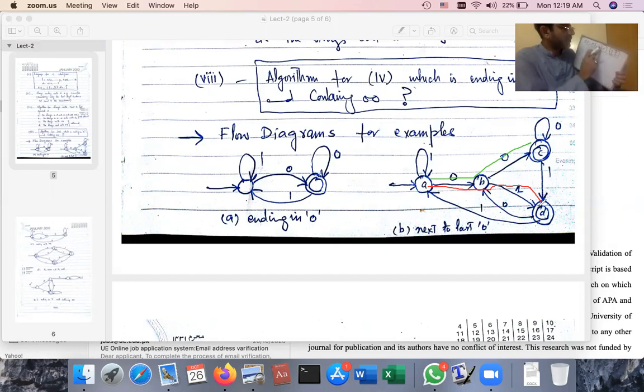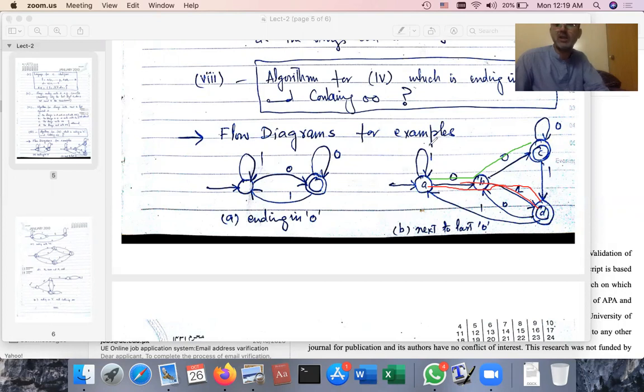Now 1 0 is an illegal string, and if it is illegal then it should not be passed by this finite automata. So if I make a loop here with 1, and after that I take 1 and then 0, it stays in between this finite automata and I am not reaching these final states.